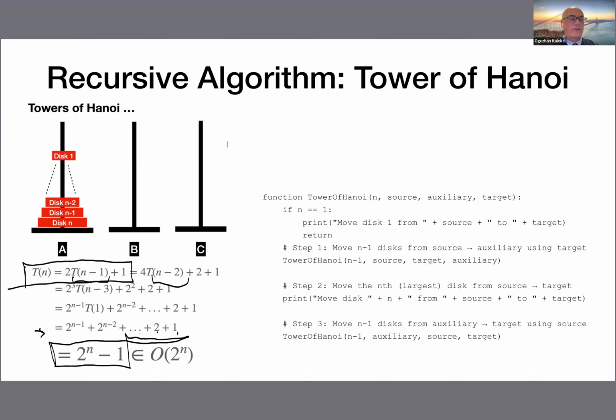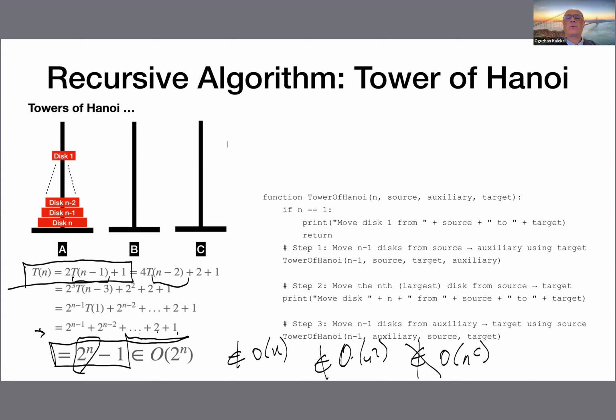That is interesting because this is no more a polynomial function, right? So 2 to the n minus 1 is not an element of O(n), is not an element of O(n squared), is not an element of any O(n to the power of c).